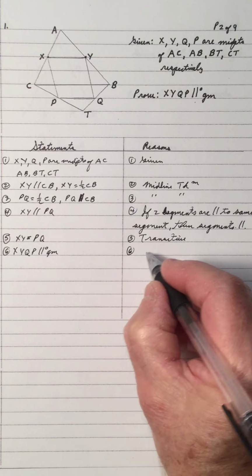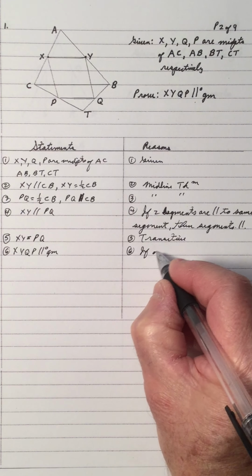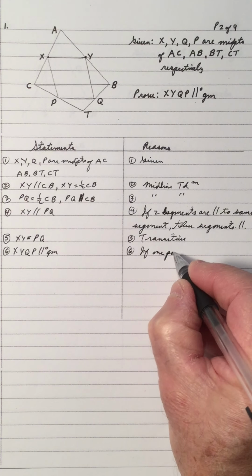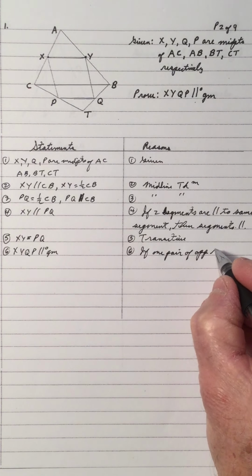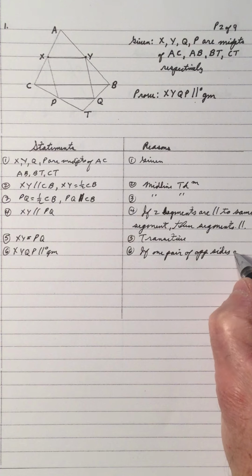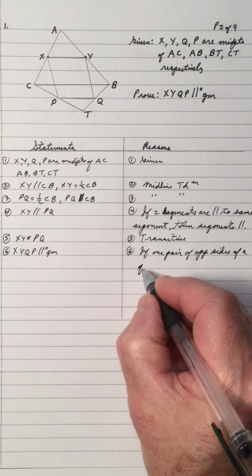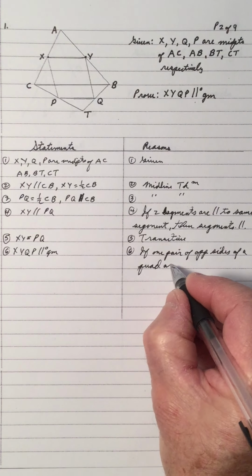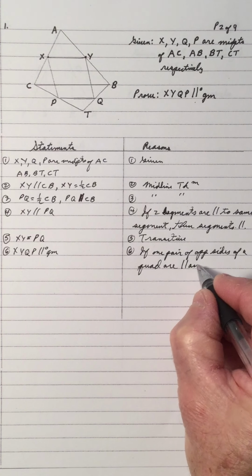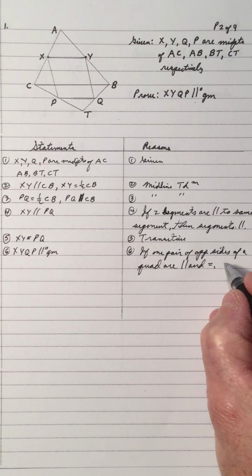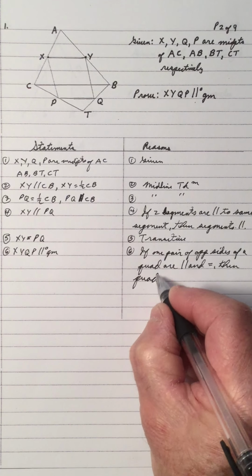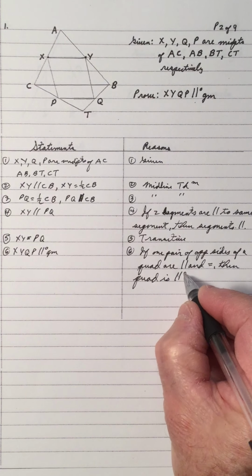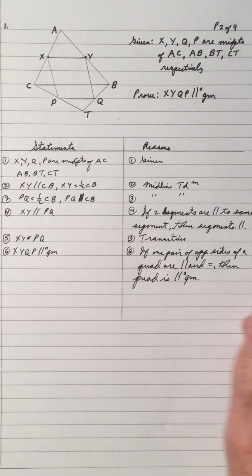The reason: if one pair of opposite sides of a quadrilateral are parallel and equal, then the quadrilateral is a parallelogram.